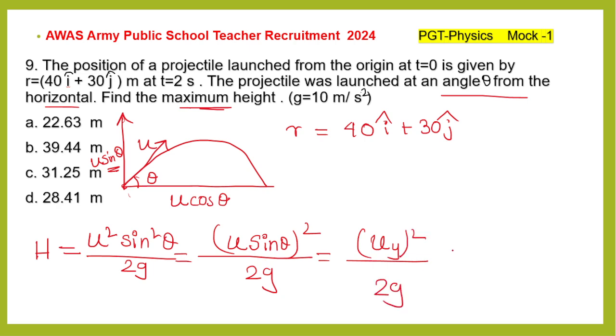This is also correct. So that means at first we are going to calculate the initial velocity along the y direction, that is required. So first write down the equation of motion, that is y is equal to uy t plus half g t square.